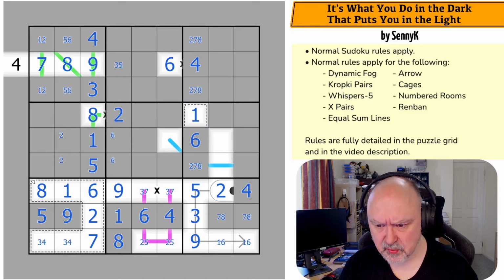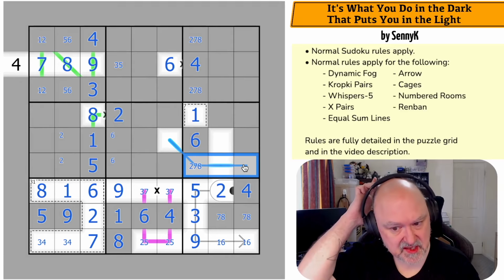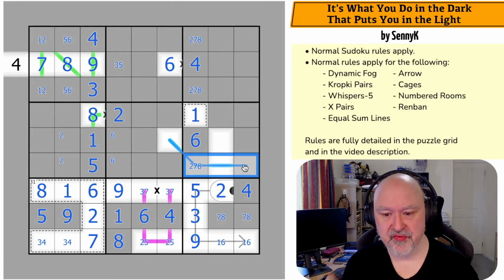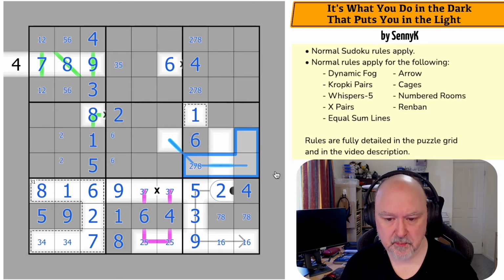Okay, so now we've got a blue line we're looking at, which comes into this cell and into this cell and into this cell. So what can that be? Because this is the sum of at least those 3 digits. And I suspect it's the sum of only those 3 digits because this cell can't go anywhere else. And 3 digits, if I was to move that into a 4th cell, the only cell I could move it into without it repeating in the box would be that one.